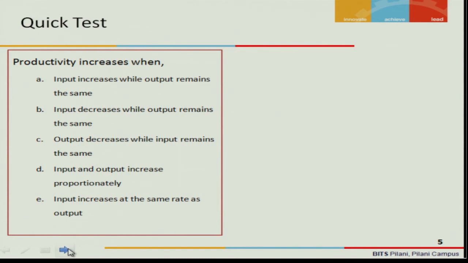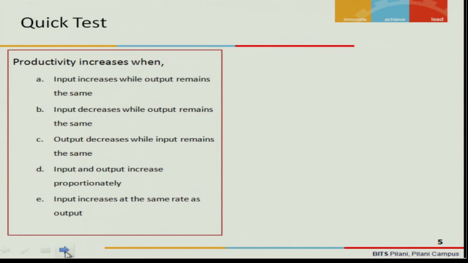Option B, input decreases while output remains the same. Option C, output decreases while input remaining the same. Option D, input and output increase proportionately. And the last option E, input increases at the same rate as output. What do you think is the right answer?